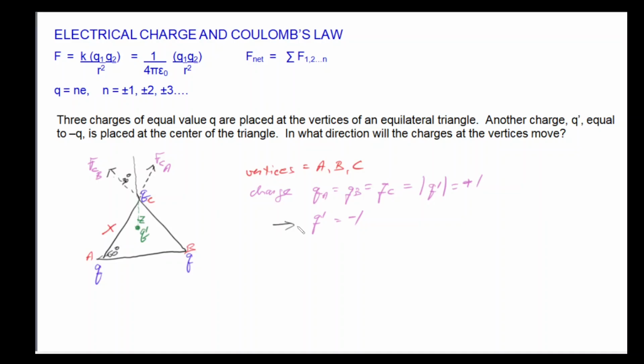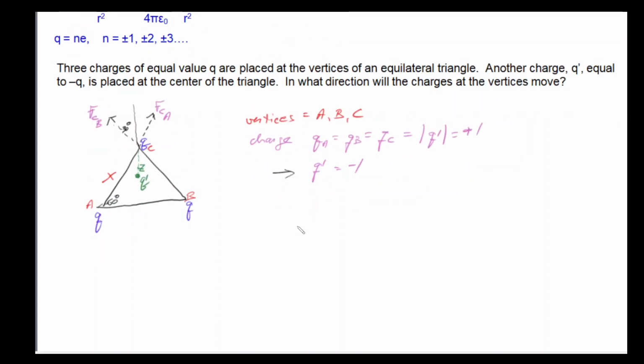So we want to know in this system what will happen to the charges at the vertices A, B, and C. Will they be repelled due to the forces from the charges at the vertices, or will the minus charge Q prime be strong enough to attract them?